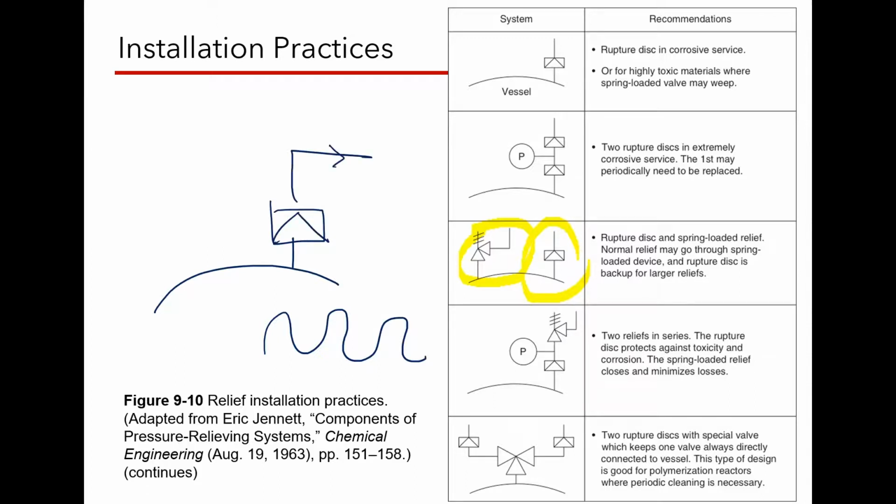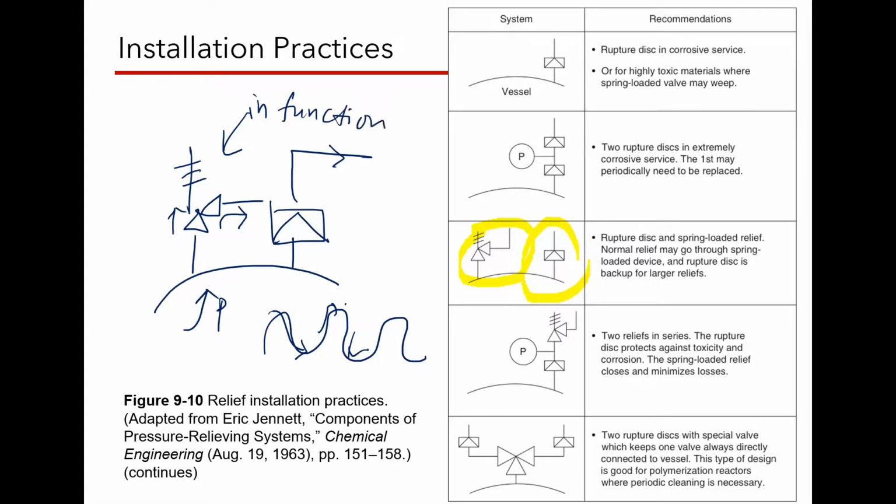So we use a spring-loaded valve for expensive chemicals, and whenever there is a process upset like this and the pressure goes up, it will open up and release pressure, then close back, and again release pressure and close back. So this one is always in function because the process is unstable.